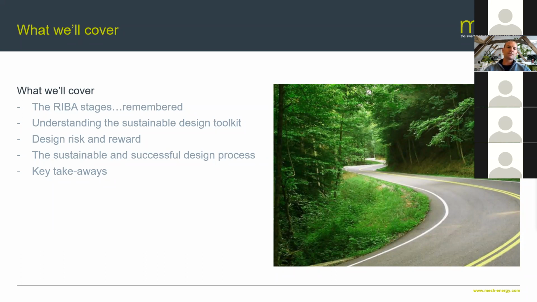We're going to be looking at various tools that are available to help you design sustainable buildings. And importantly, I'm going to talk to you about design risk, or increasing design risk, and the rewards of modifying the way in which you design buildings. This is a fascinating thing, and some of this may not be obvious to you, but I can promise it's all based on a lot of experience.